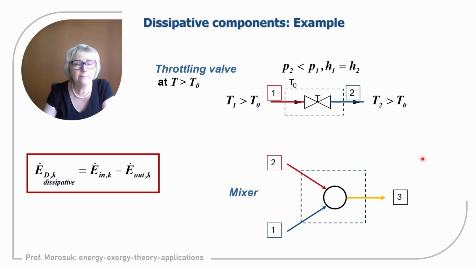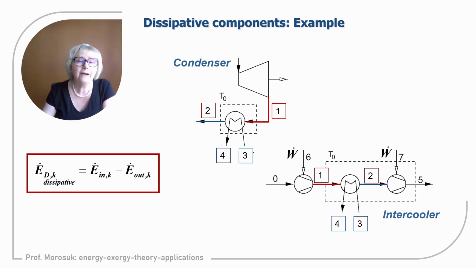In the previous versions of exergy analysis, maybe you can find the definition that mixer is a productive component, but in the latest version, we decided that mixer is a dissipative component, simply because we need mixers, but we cannot improve the mixer itself. The same, we cannot improve the throttling valve itself. And I already mentioned dissipative components, also condensers and also interstage coolers.